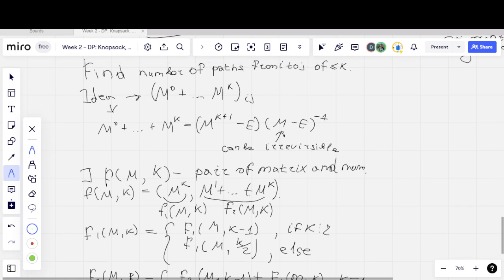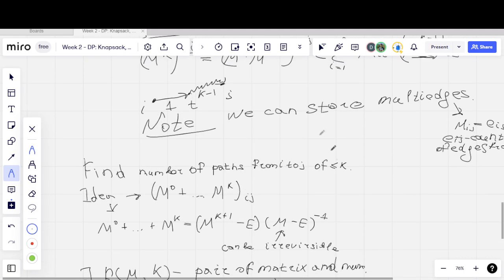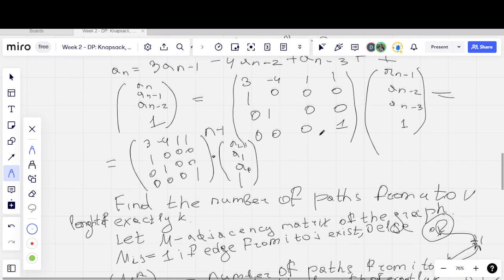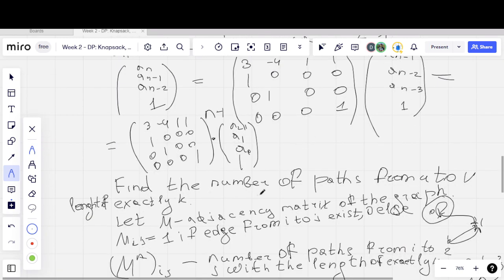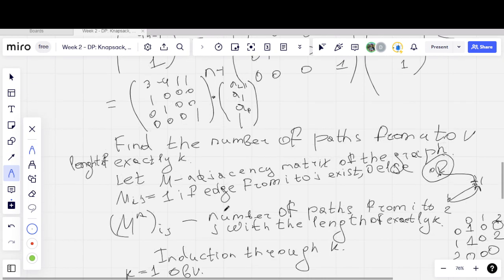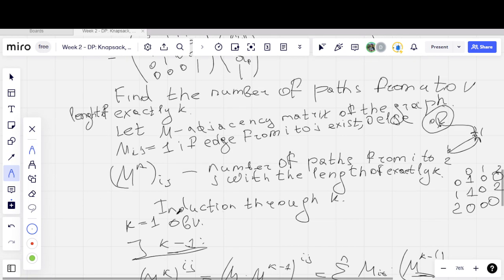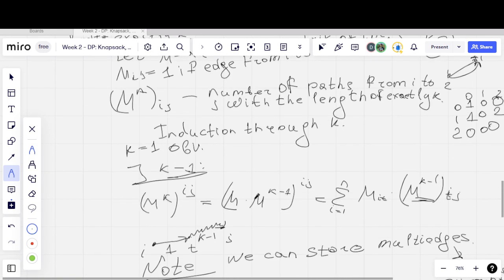Why do we want to find this sum? Because in the previous task we found the number of paths from u to v of length exactly k. I proved that it will be m to the power of k, the number of paths from e to g.